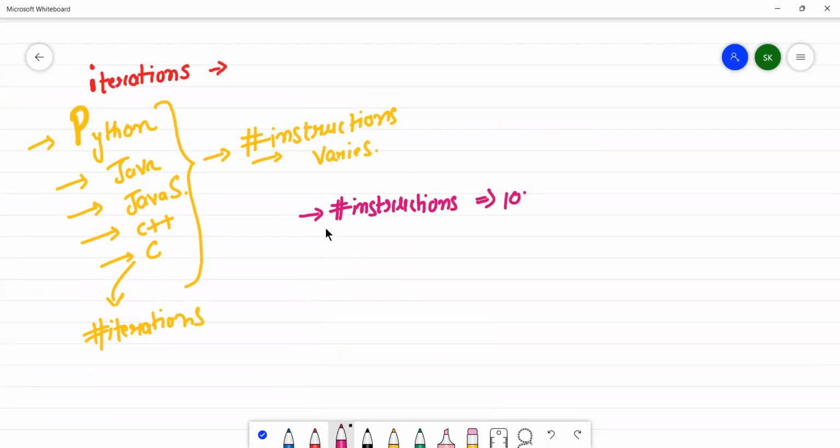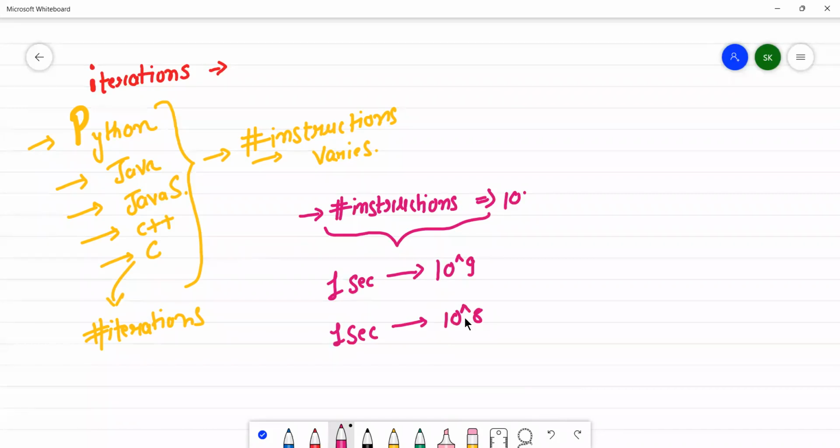So overall, as I told you, in 1 second, how many instructions can be executed? 10 to the power 9. But if we talk in terms of iterations, we'd say in 1 second, the total number of iterations should be 10 to the power 8. 10 less. Clear, everyone?